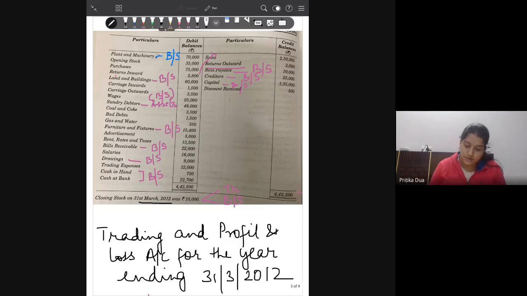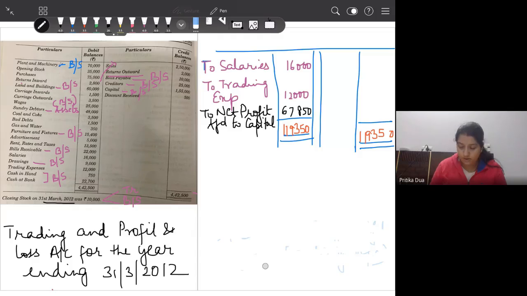So here is the question. I've just taken this part of the P&L account here because we'll be needing net profit when we are preparing the balance sheet.